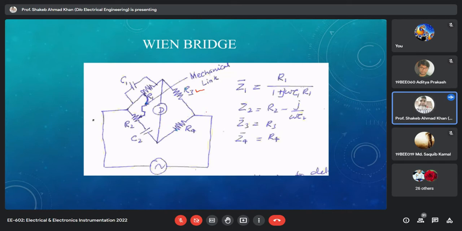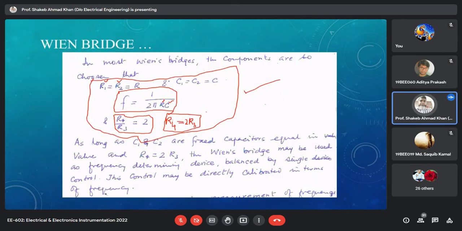So by choosing R1 equal to R2 and C1 equal to C2, your bridge becomes a single control bridge, and there will not be any sliding balance problem, because it is a single control bridge.